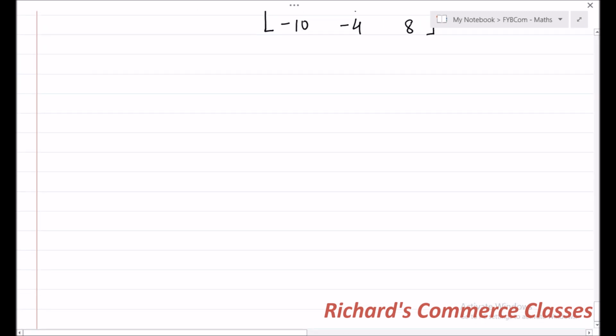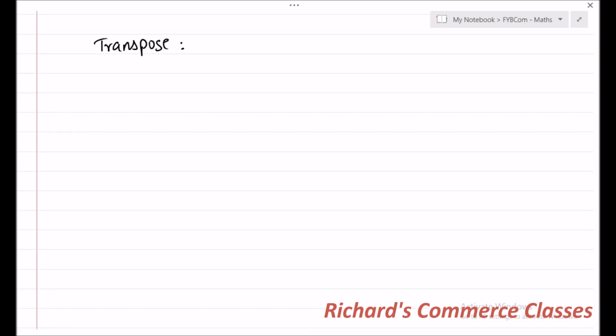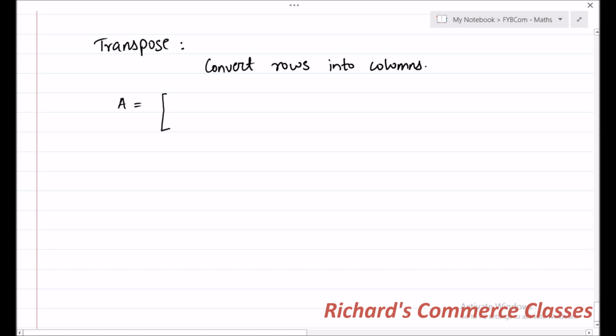The next concept is a simple concept called transpose of a matrix. Now the idea for transpose is convert rows into columns. That's it. You just need to remember this. Convert your rows into columns. Let's see an example. A is equal to 5, 1, 7, 2.